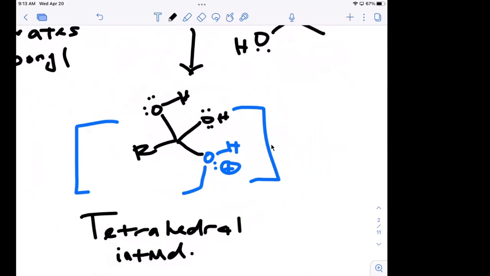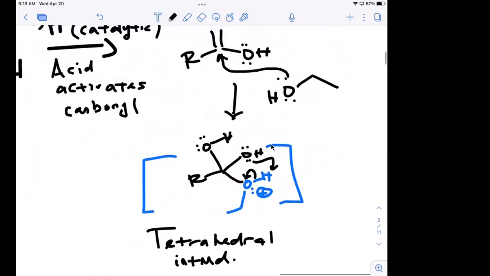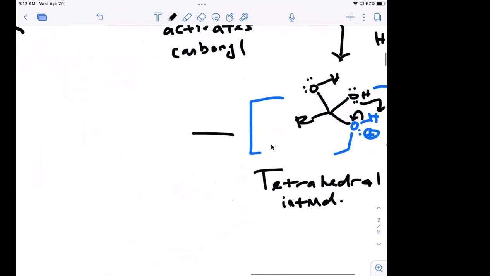So now you've got to do a couple of things. First, you want to do proton transfer. So you're going to pick up this proton here. Right, and that's going to set the intermediate up to do elimination. So now you're here.